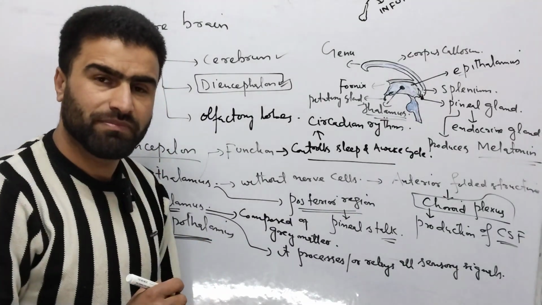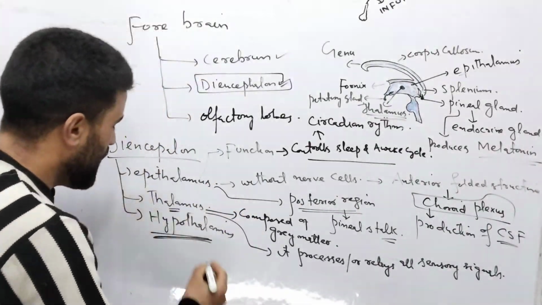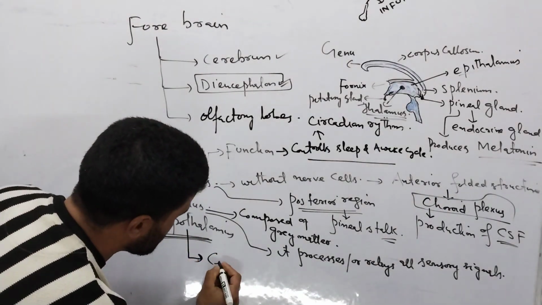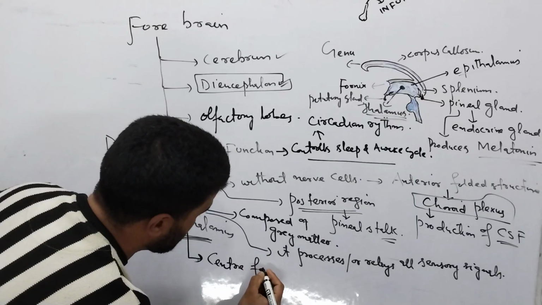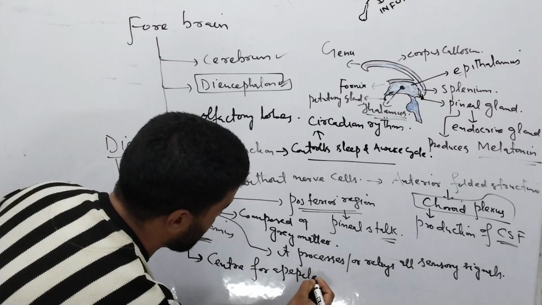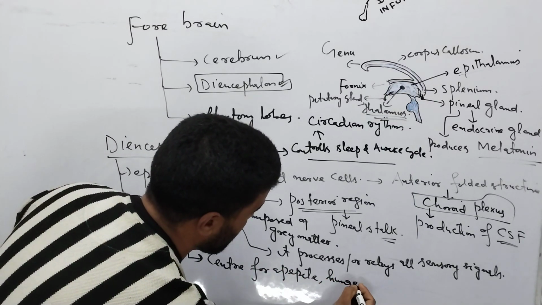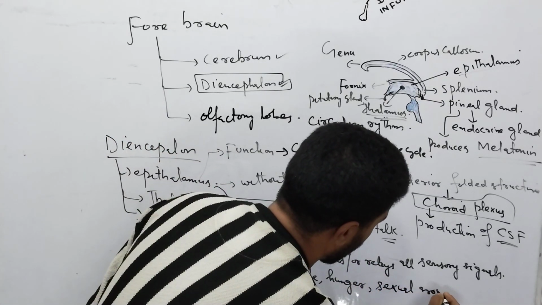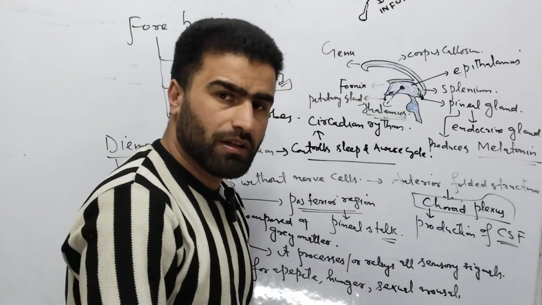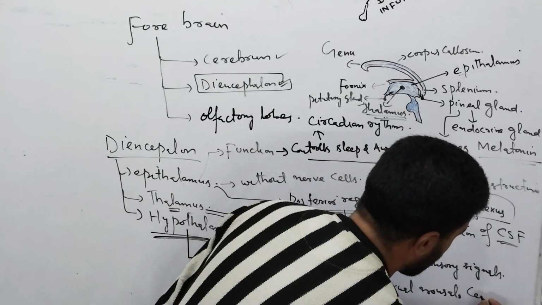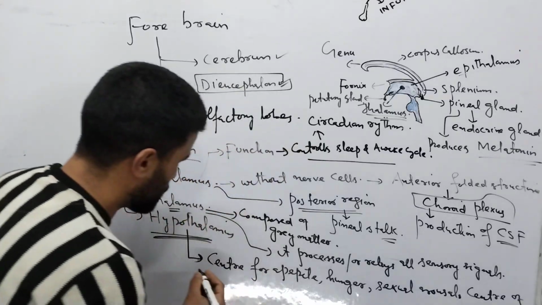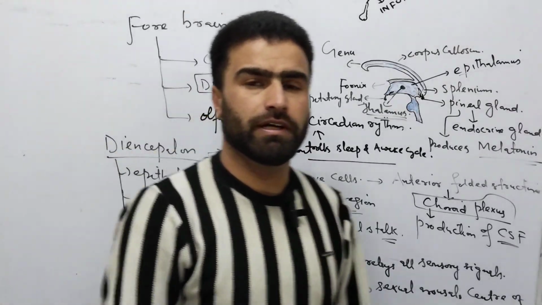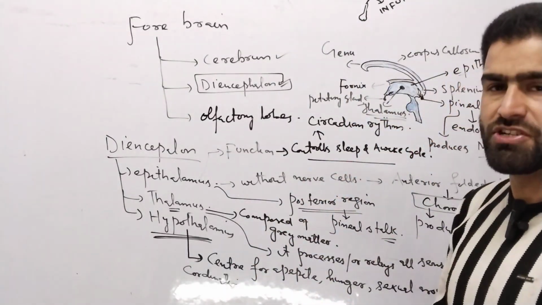What are its functions? Okay, see, hypothalamus, it is a center for appetite, hunger, sexual arousal, very important, sexual arousal. It is also a center of coordination, and a very important thing which is worthy to be mentioned here.